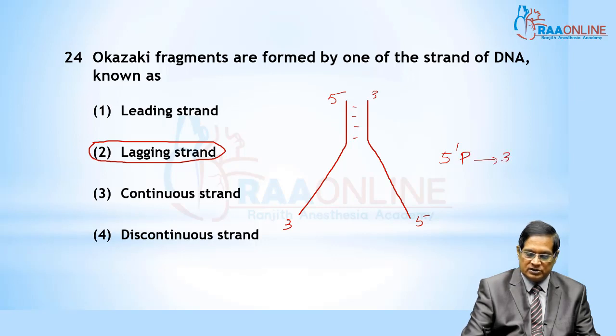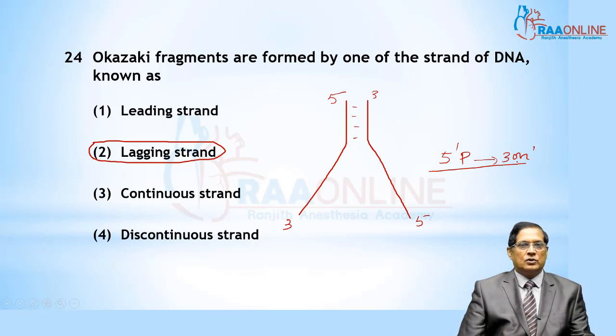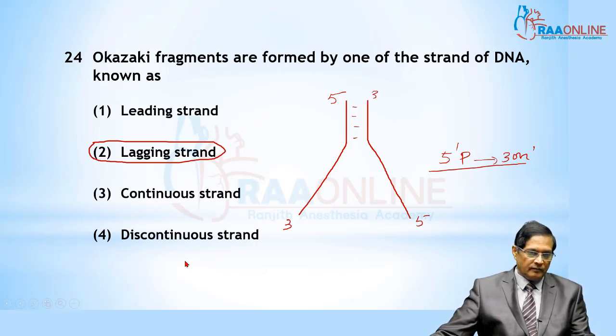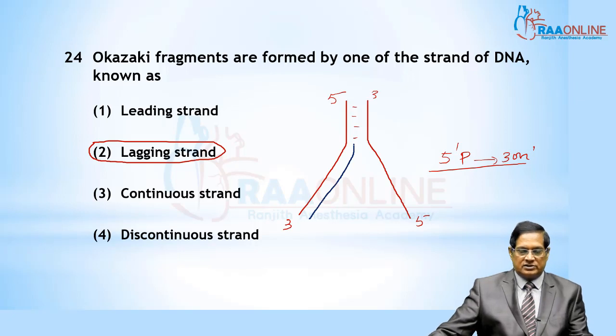At the time of replication, the direction of synthesis of the new strand is always 5 to 3. This is another question of pre-medical. The strand always grows in one direction, that is 5 to 3. So see here, from this strand the process starts and it grows continuously. The strand on which the DNA grows continuously is the leading strand.